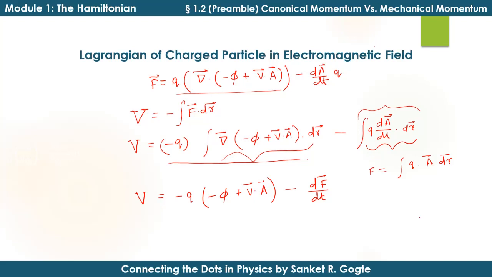Most of you now must have realized why we considered the invariance of the Lagrangian under such differentiation. So the potential energy finally we have is q into phi minus q into v dot A minus dF/dt, where F is a function of r and t in general.